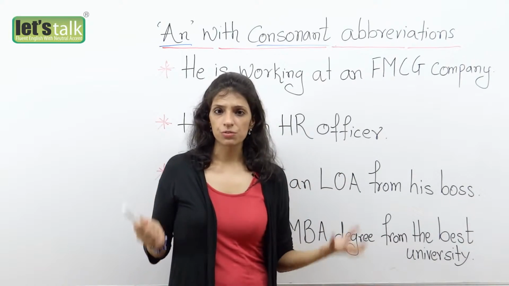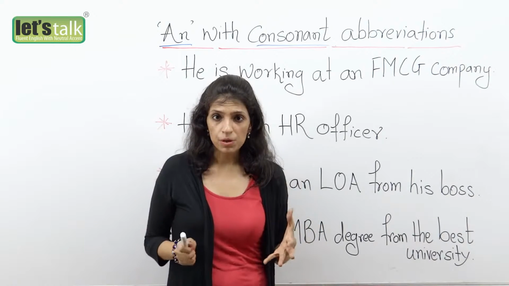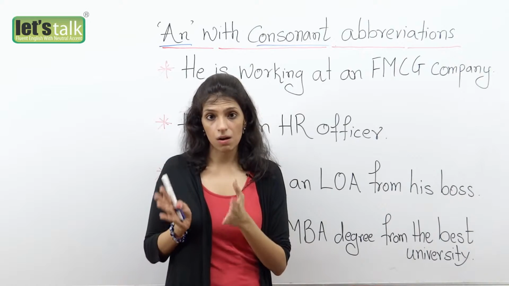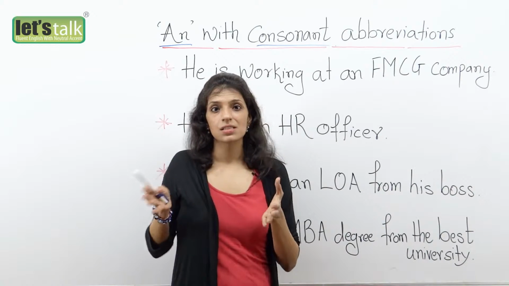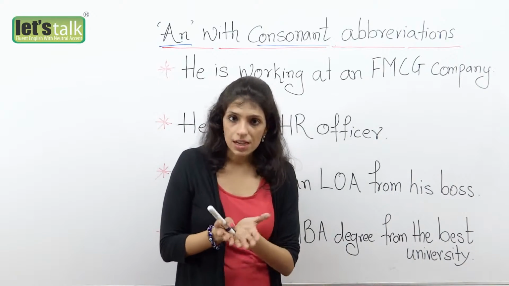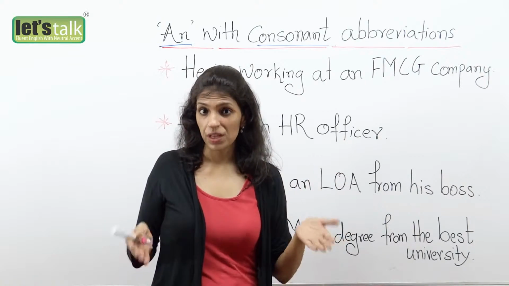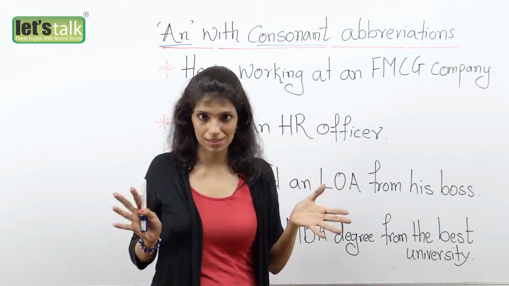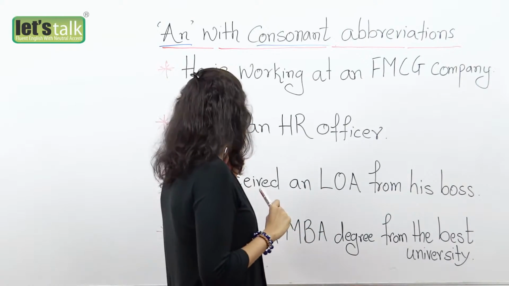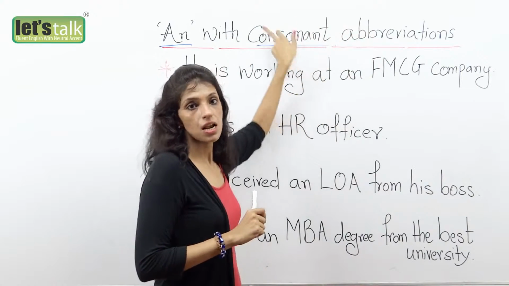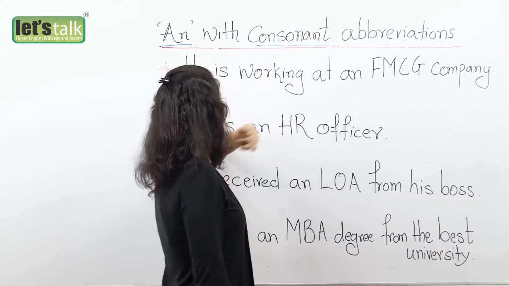But these are just common rules, so let's remember we use articles depending on the sound they precede. If it's a vowel sound, you will use an, and if it's a consonant sound, you will use a, irrespective of their spellings, right? So now let's see how we're going to use an with abbreviations, consonant abbreviations.